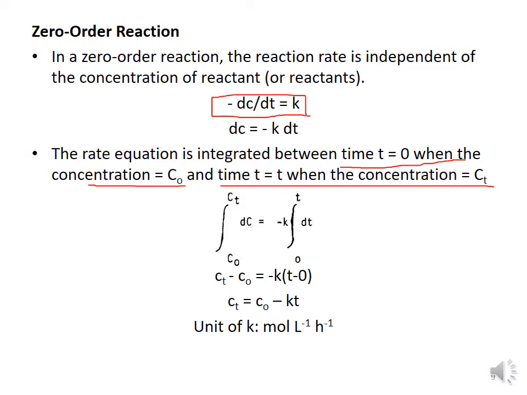The integration of the equation gives the zero order equation, which is the concentration at time t equals the original concentration minus the reaction rate constant multiplied by the time, and the unit of the reaction rate constant is mole per liter per hour.